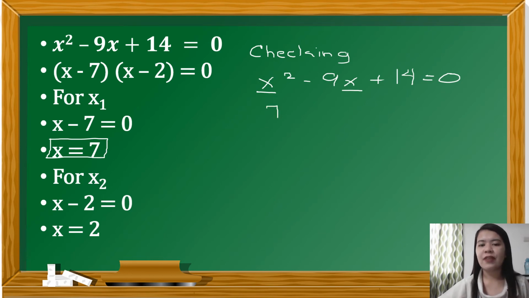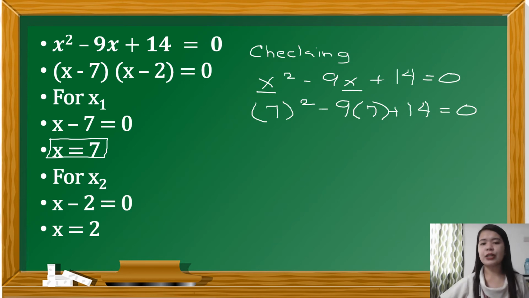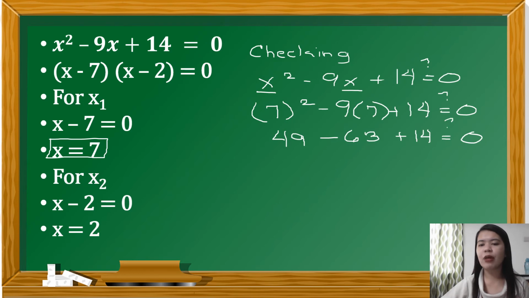So, we have 7 squared minus 9 times 7 plus 14 equals 0. 7 squared is 7 times 7 and that is 49. Minus 9 times 7, 9 times 7 is 63. Plus 14 equals 0.